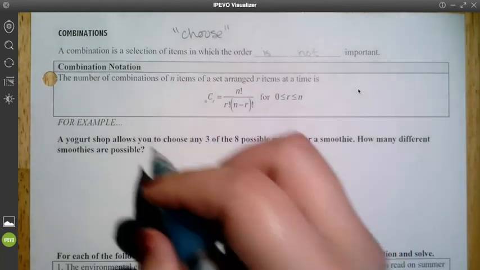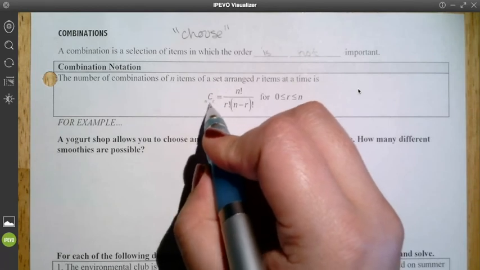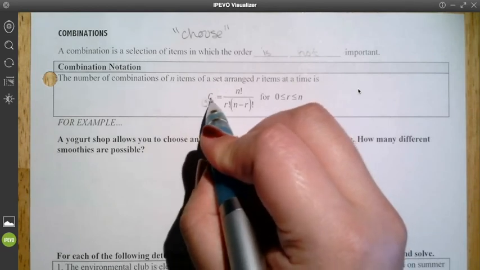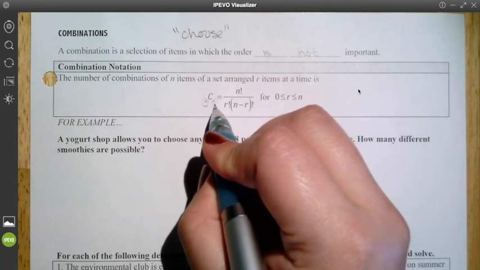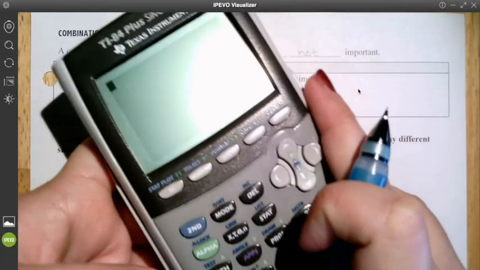Similar to the last equation that we saw with NPR, NCR is the total number of options that we have, and we are choosing how many of them. The choose calculation in your calculator is right next to permute and factorial.